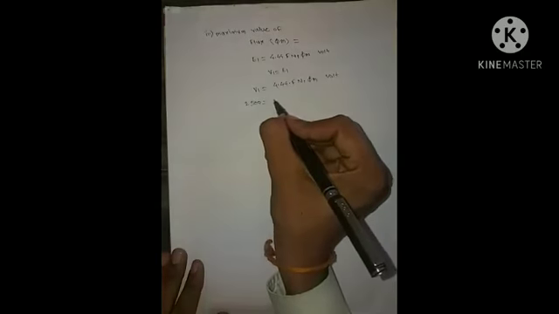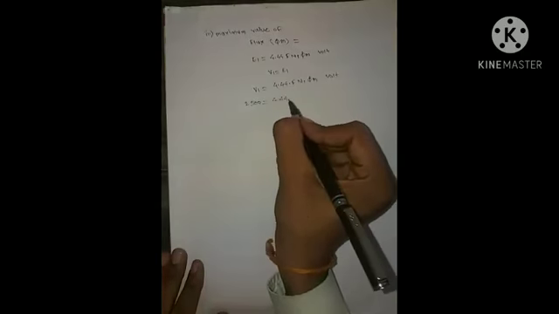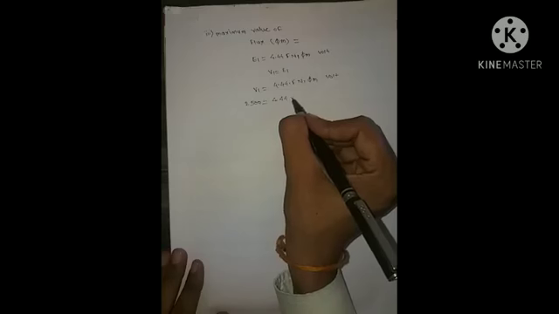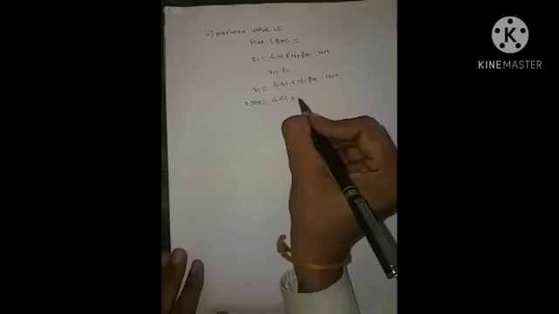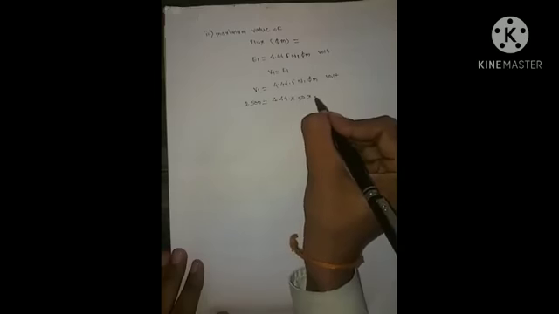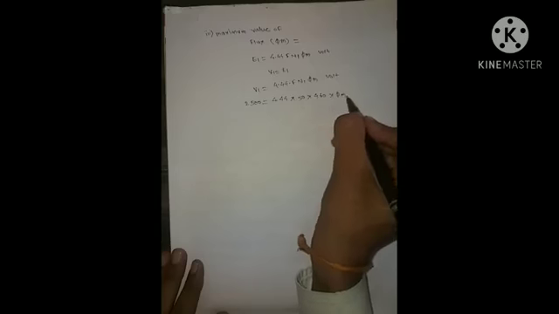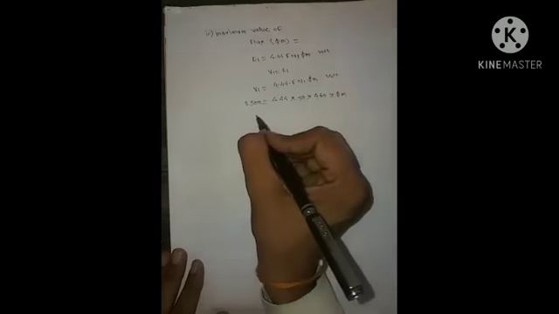2500 equals 4.44 into 50 into 460 into phi m. So we can rearrange this equation.